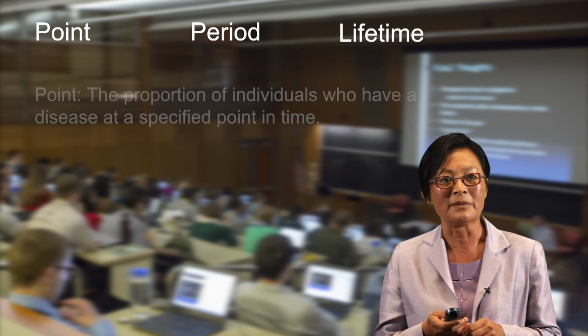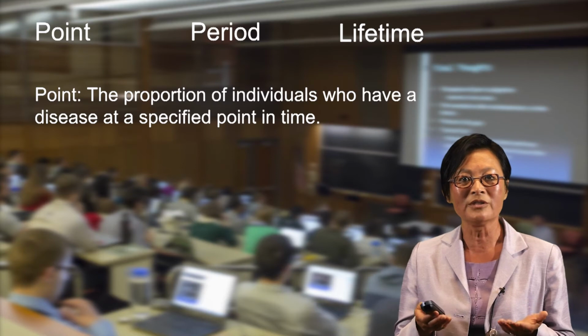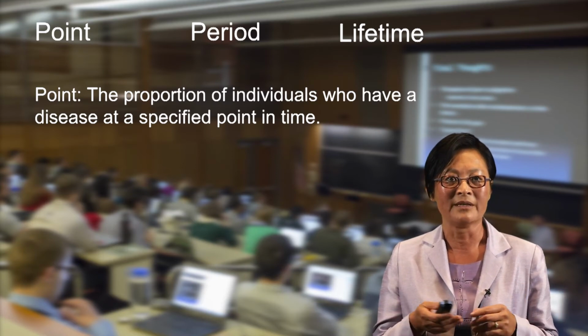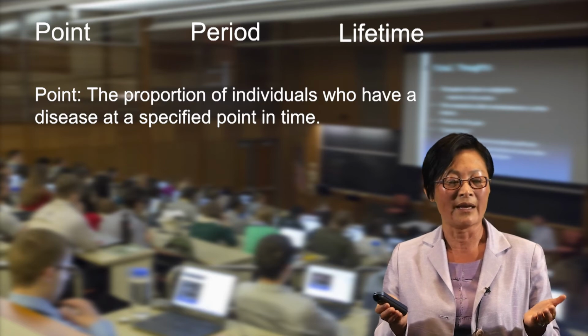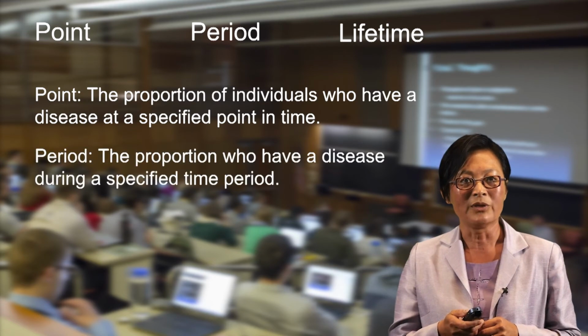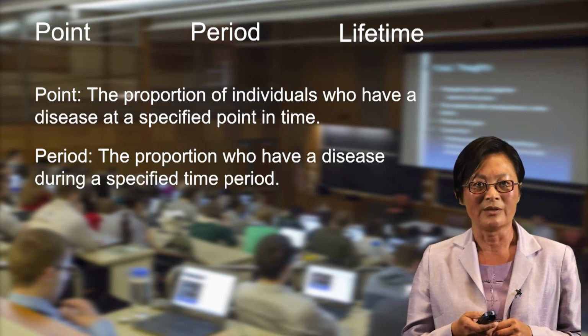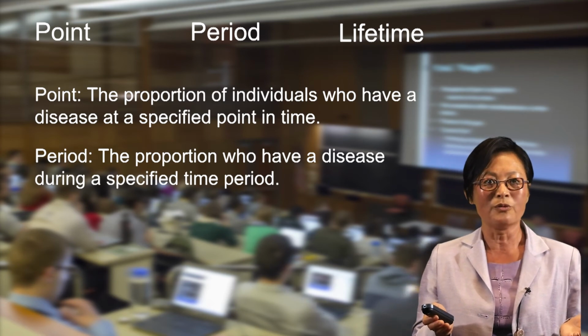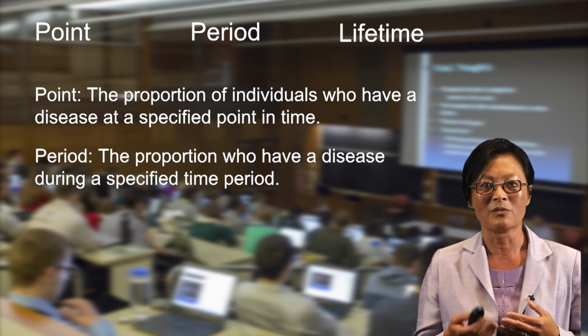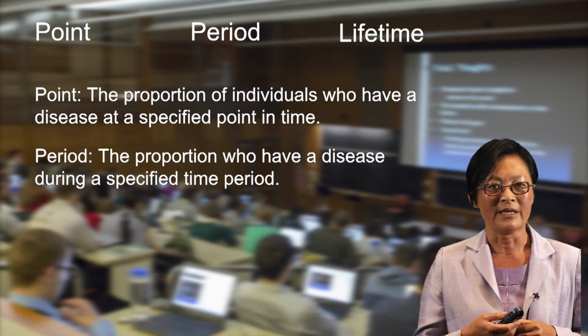Point prevalence is the proportion of individuals who have the disease at a specific time, say today or September 15th. Period prevalence is the proportion of people who have the disease during a specific time period, such as 6 months, 1 year, or lifetime.